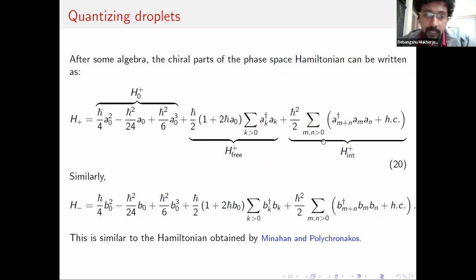I have written here that this is similar to the Hamiltonian obtained by Minahan and Polychronakos, but I should reiterate that this is not simply similar. This is, in fact, identical to that Hamiltonian.